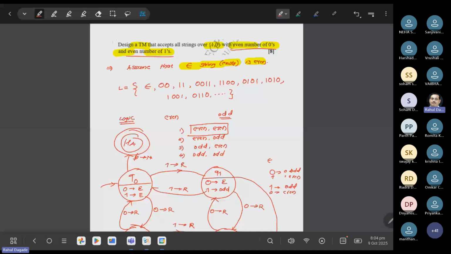Number one is an accepting string. Let us take the accepting string as 0 1 0 1. Now this is an accepting string. And let us take one rejecting string, that is 0 1 0 1 1. So here do the simulation for this.